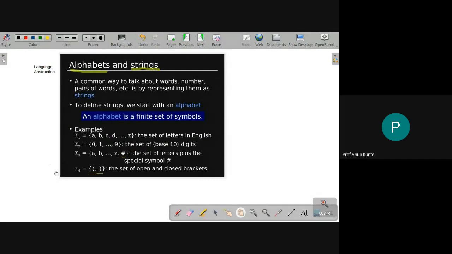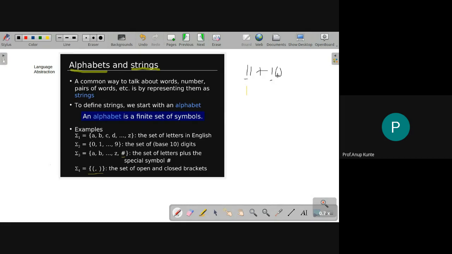Basically, what constitutes a symbol depends on the problem that you are trying to solve. For instance, if I'm doing binary addition, let's suppose I have two binary numbers. Say I'm doing binary addition like this: 1 1 plus 1 0. If this is the addition that I'm trying to do, then my input is always going to be a pair of operands.